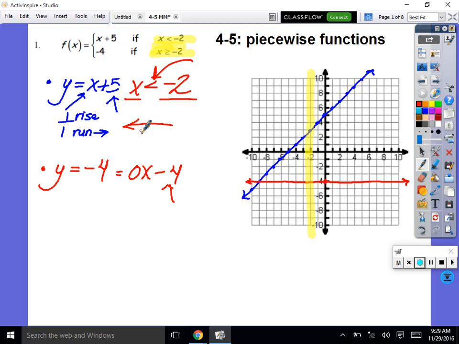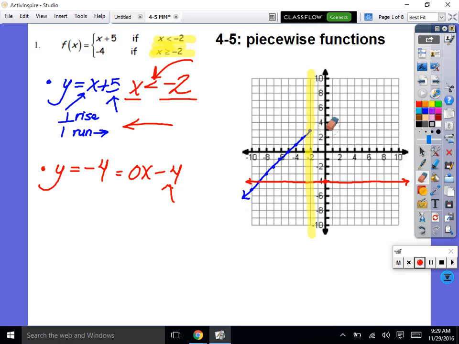We're going to keep that side of the highlighted line. Does everybody understand? So erase the other side. We're keeping this line for x values less than negative 2. So we're erasing, we're not keeping this side, we're keeping the underside that way of the highlighted line. Everybody good with that?